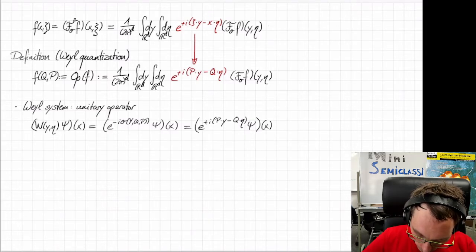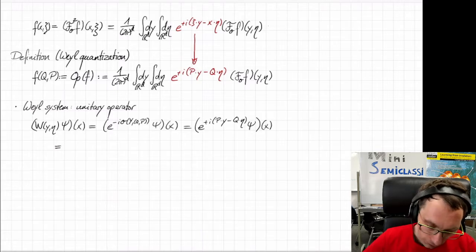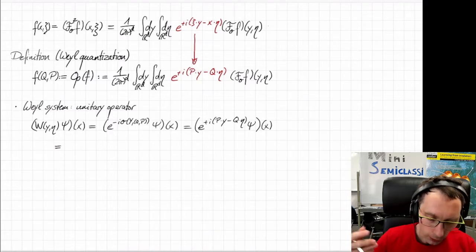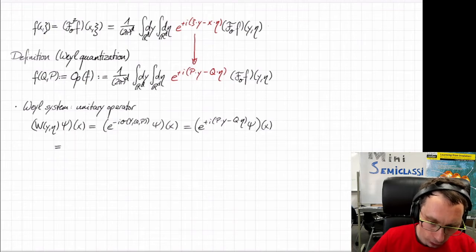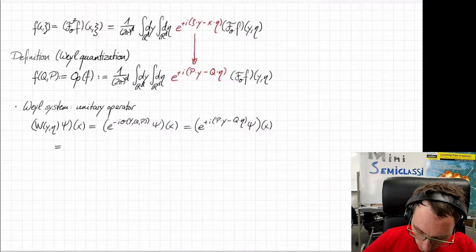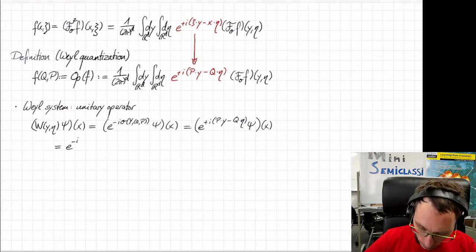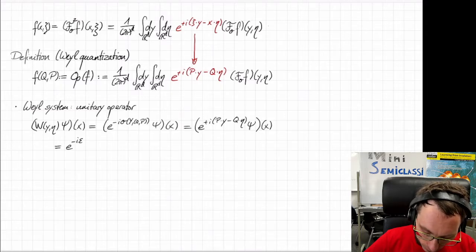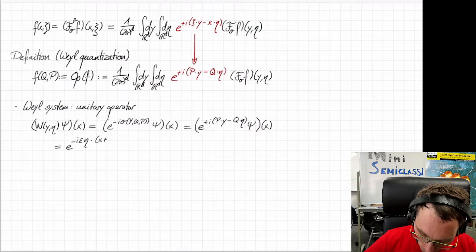And if you use the Baker-Campbell-Hausdorff formula, for example, because the commutator of pj and qj is proportional to the identity, you're allowed to do this. You can easily convince yourself that what you get here is e to the i epsilon eta times x plus y over 2 times psi of x plus y.